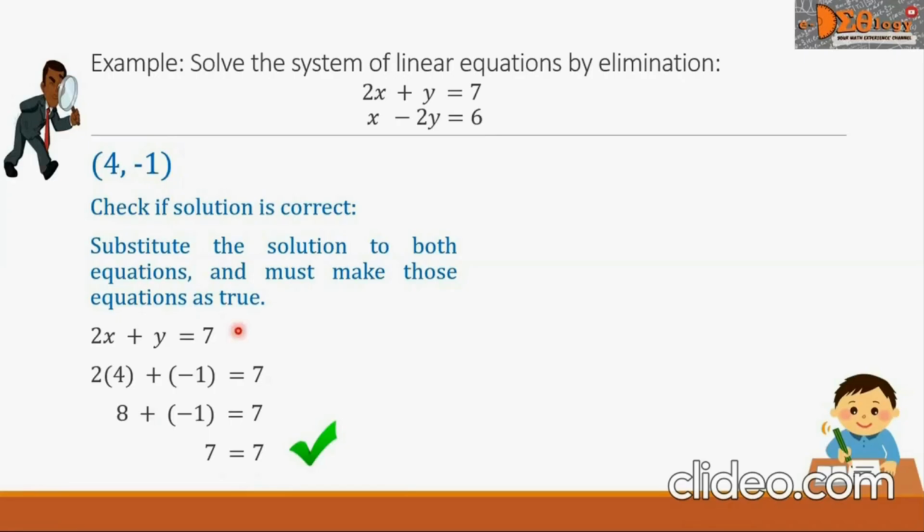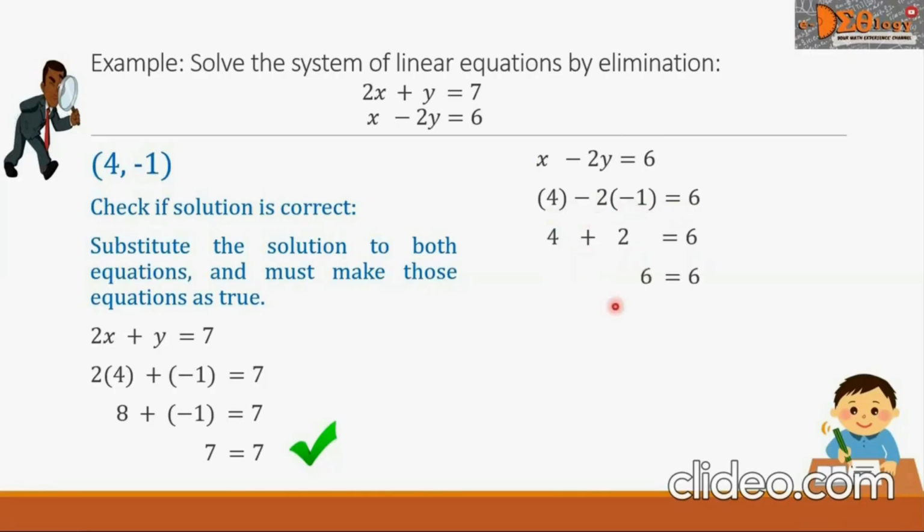Let's try the second equation. The x minus 2y equals 6. Let us now substitute the values. So now the x becomes 4 and this y here becomes negative 1. So we have 4 minus 2 times negative 1 must be equal to 6. So this is now 4. This negative 2 times negative 1 will be positive 2 equals 6.